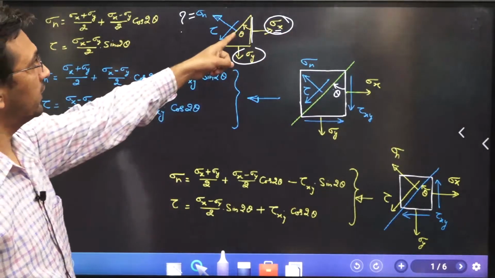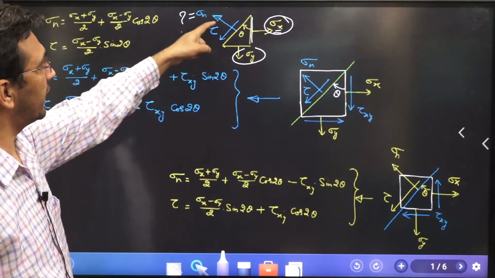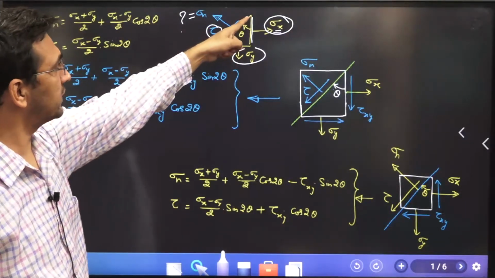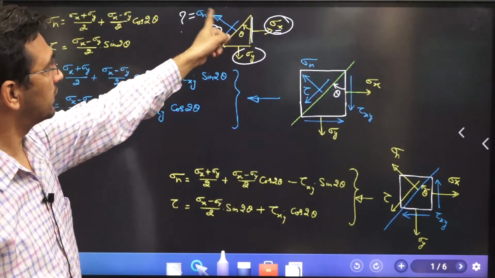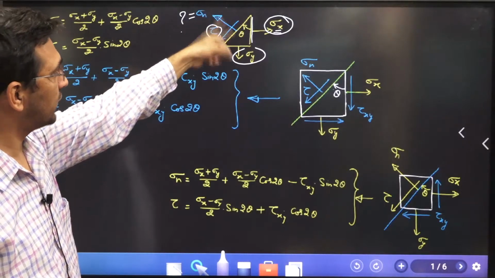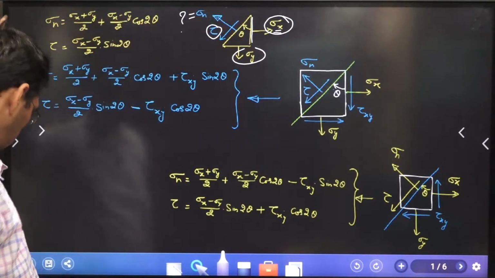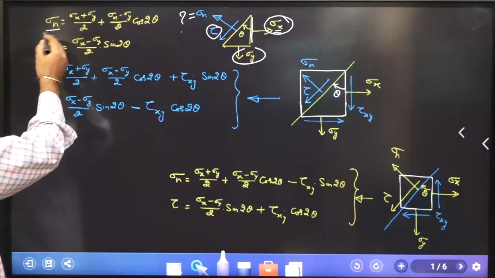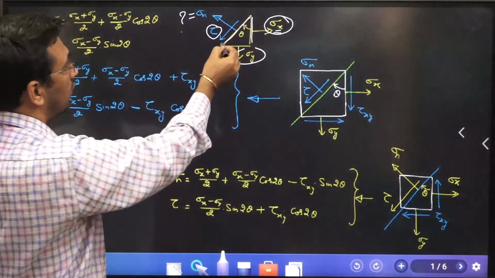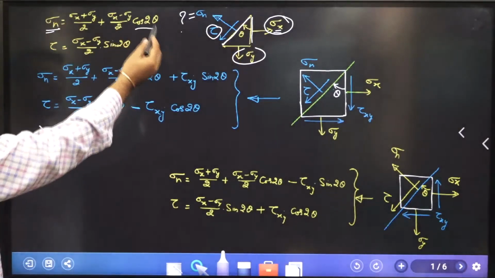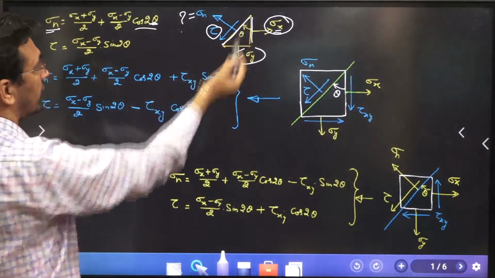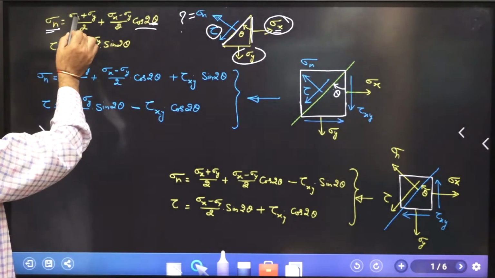From that plane, if the angle is theta, and I assume the direction of tau away from this angle, and take this normal stress as tensile, then I have this value of normal stress. Theta, importantly, is taken from that plane.